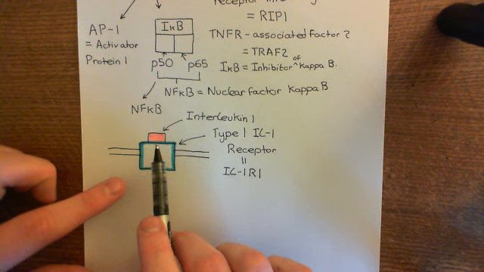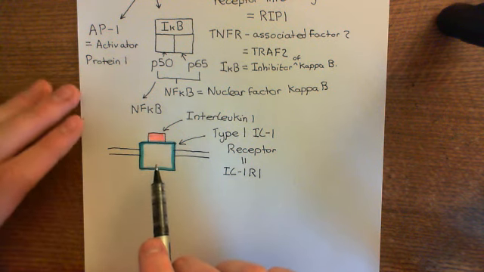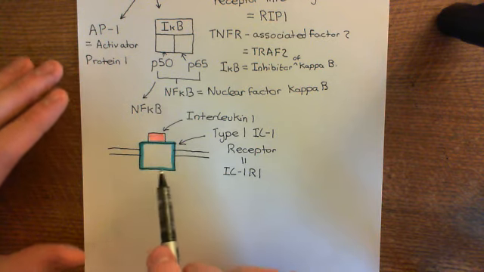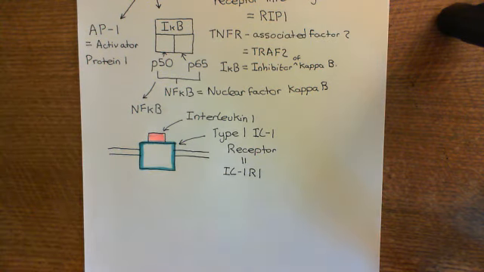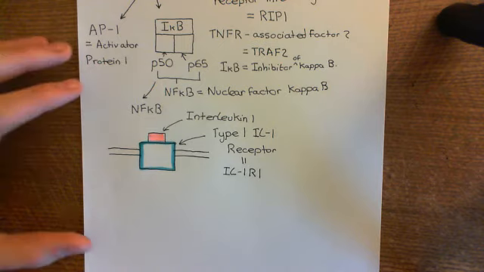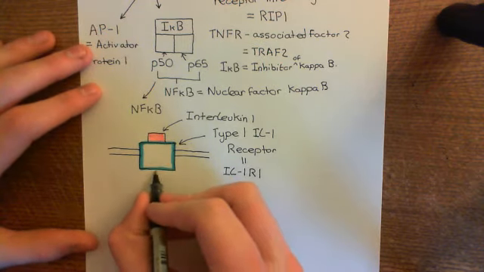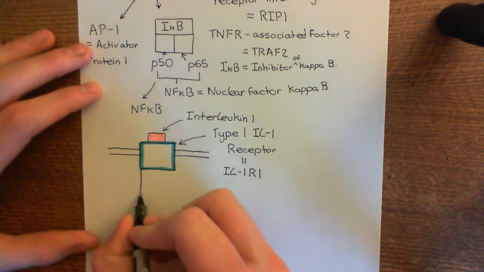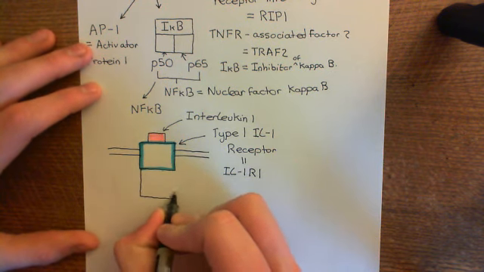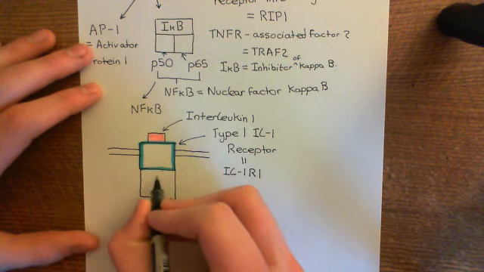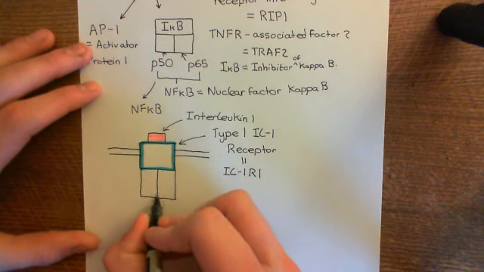Once the ligand has bound to this type 1 interleukin-1 receptor, it's going to change the conformation of the intracellular domain, and that's going to allow other proteins from within the cytoplasm to come and associate with that intracellular domain. There are going to be two. Two are going to come and bind to this type 1 interleukin-1 receptor, so I'll split these up here.